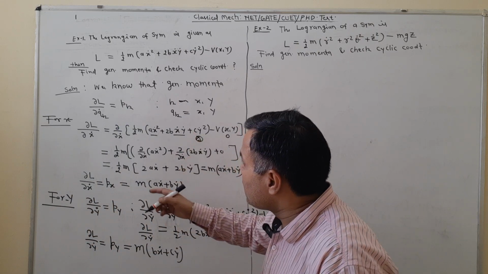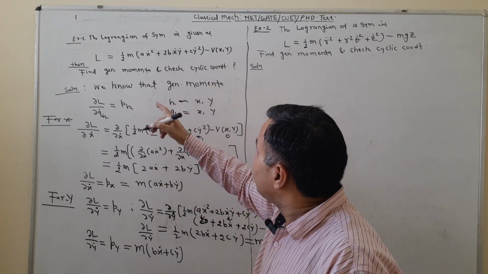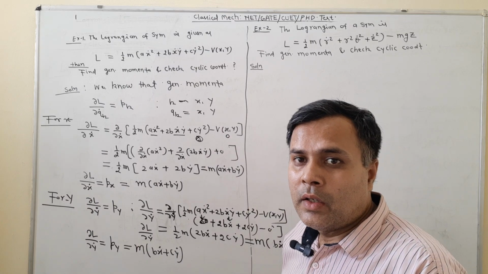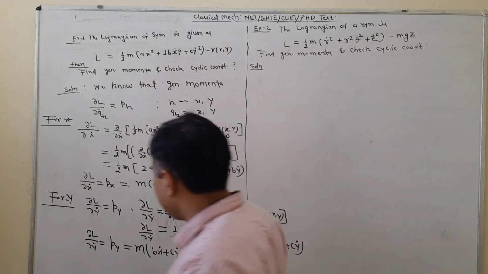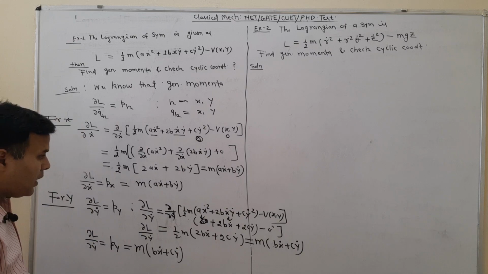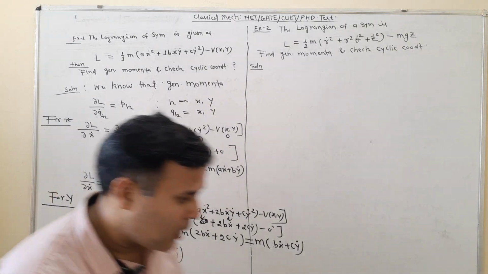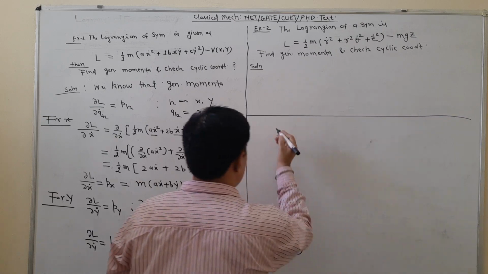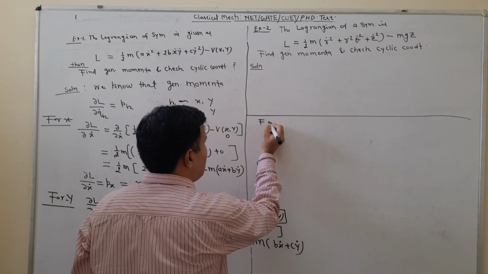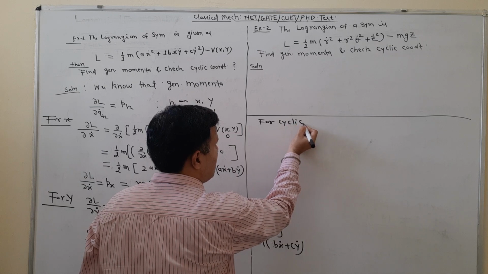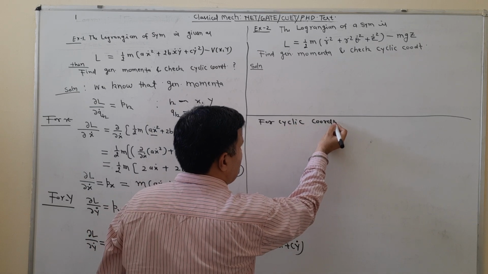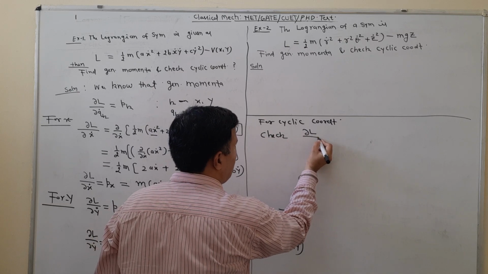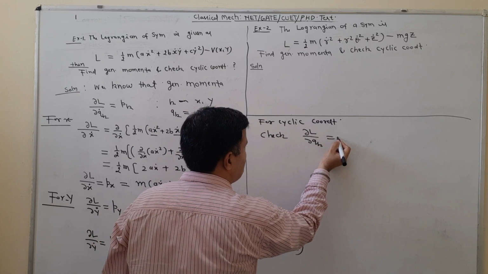So next, check whether this Lagrangian has a cyclic coordinate or not. So to check the cyclic coordinate, what we have to do? We have to simply check del L upon del qk is 0.